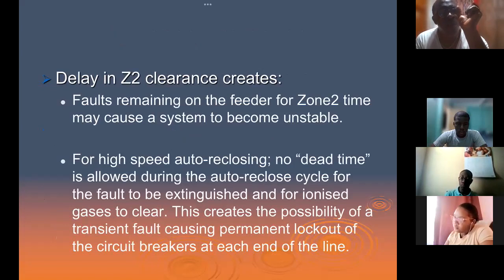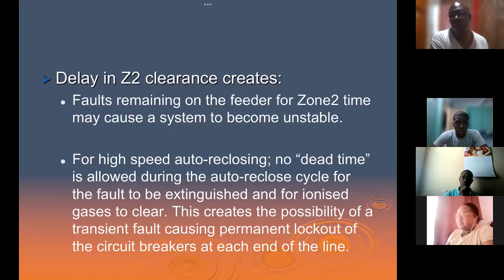If a fault occurs in that latter portion, what we call the end zone, the challenge is that at one end of the transmission line, that fault will be seen as a zone 1 fault because it would have been within 20% of the length of the line. Agreed? But from the other end of the line, it will be seen as a zone 2 fault.